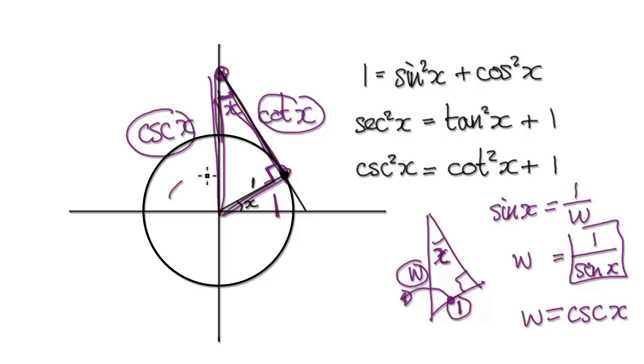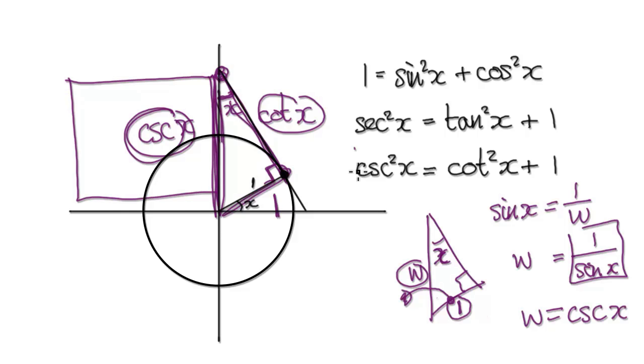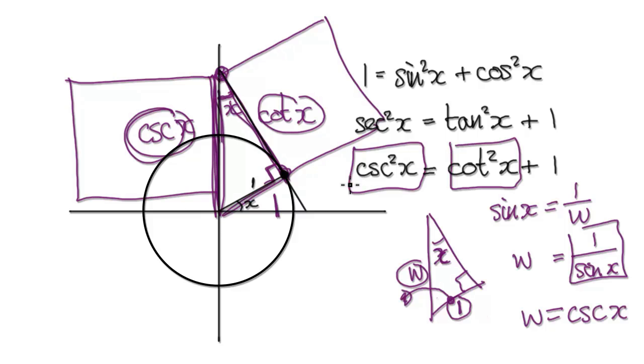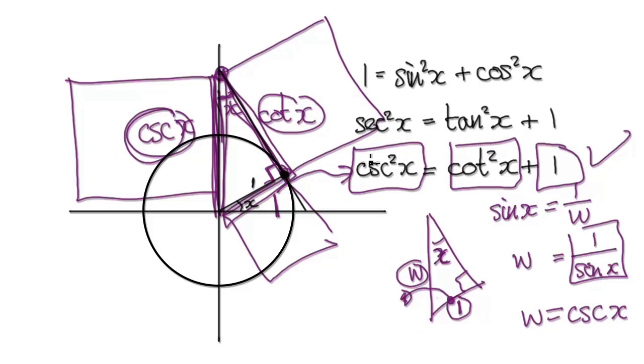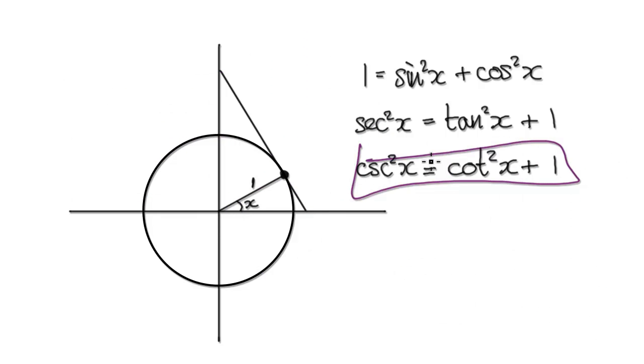The right angle is here, so therefore this is the hypotenuse. So the hypotenuse squared, that's this bit here, equals cotangent squared, which is this bit here, plus 1 squared, which is this thing here. So it's really us using Pythagoras to show that this is true. So by considering this triangle here, we know that this identity is true.